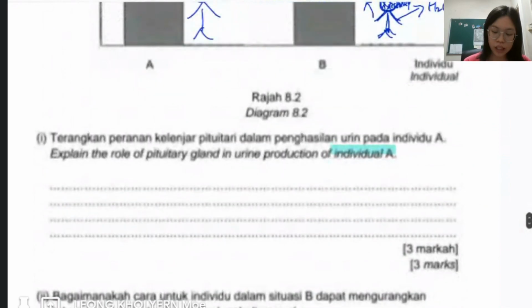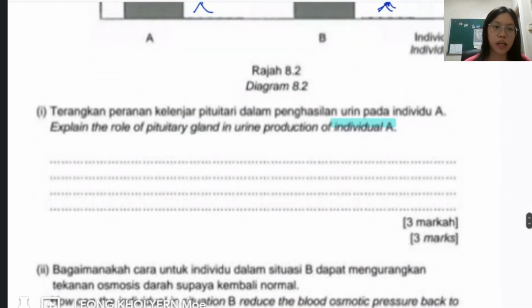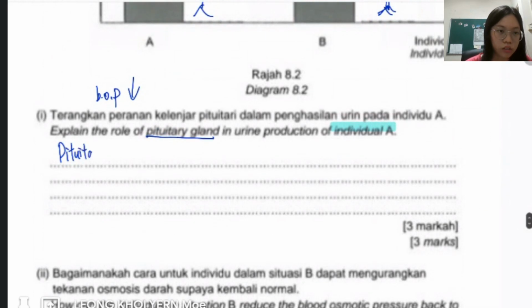So how are you going to explain? You have to mention what is the role of this pituitary gland first. So in this situation, when your blood osmotic pressure, I'll just write BOP, is low, there will be less stimulation of your pituitary gland.